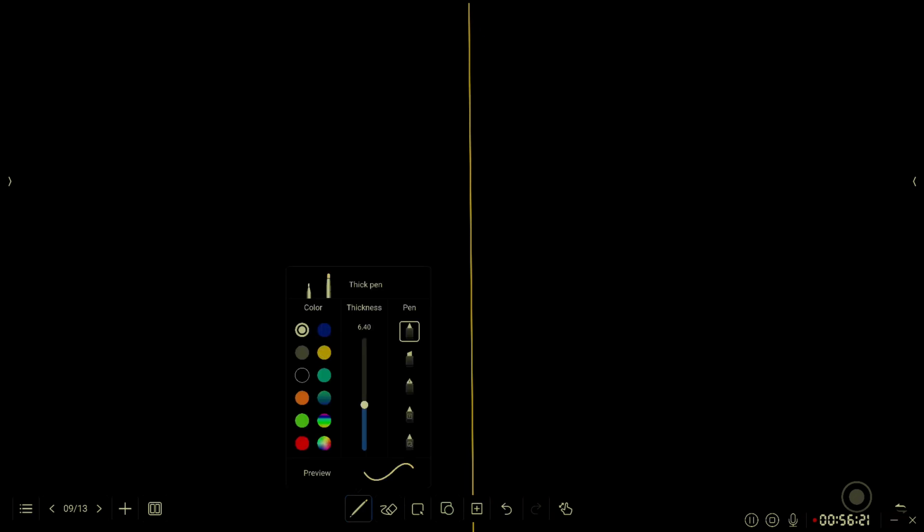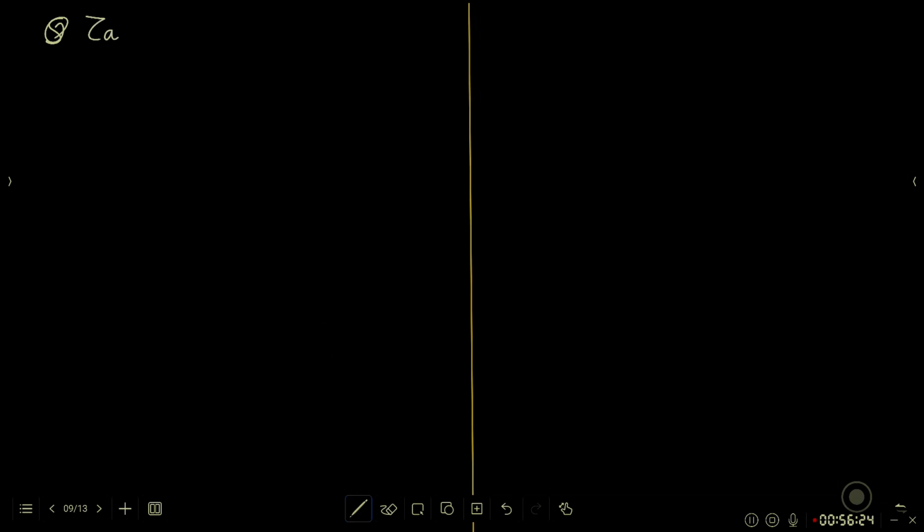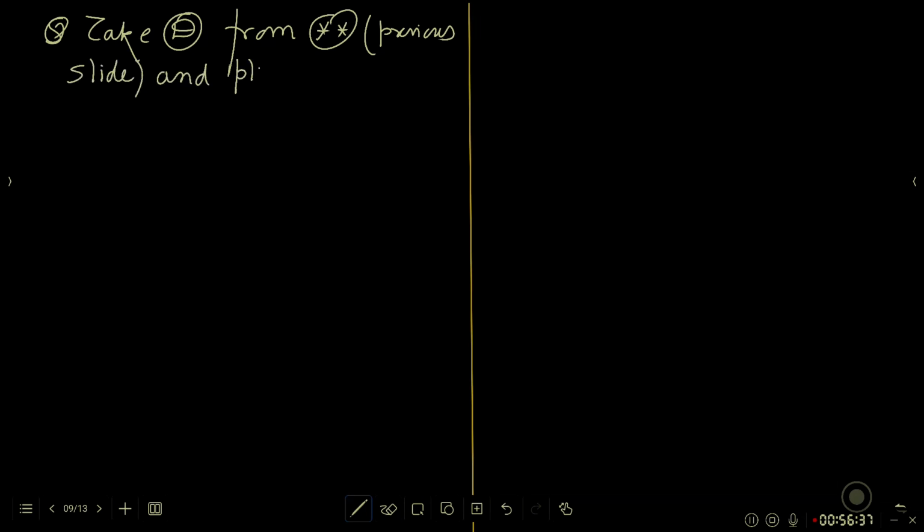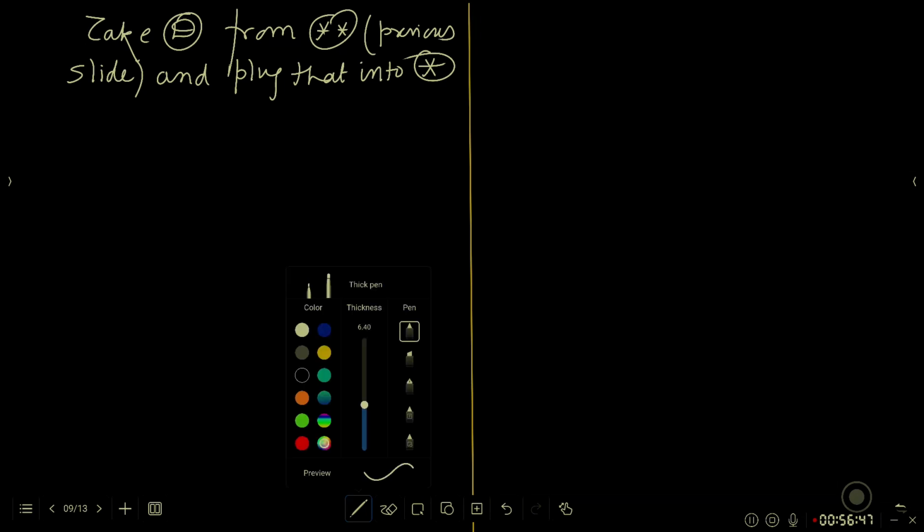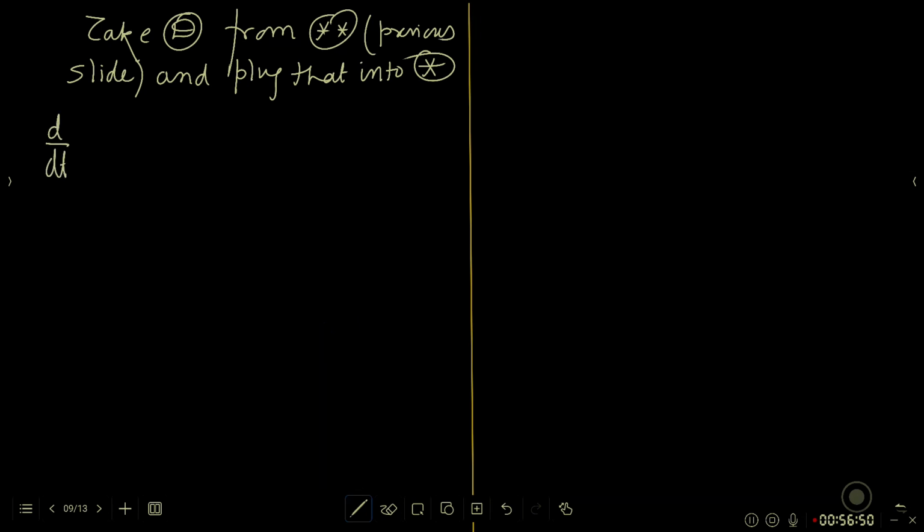What do we get? We will get d dt of Ti equals first term F dot VCI plus omega mi dotted with d dt of HCI. Let's call this triple star.